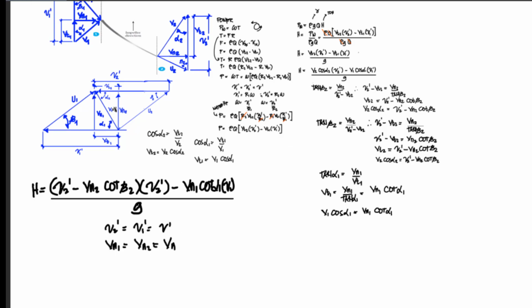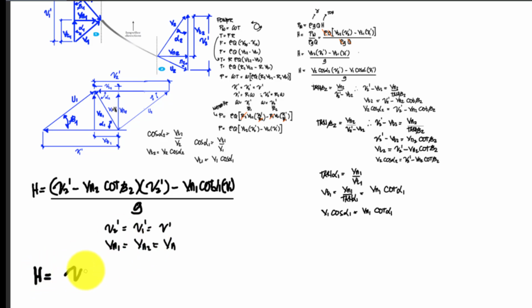And also that my normal velocity 1 is also equal to my normal velocity 2, and this is the normal velocity.